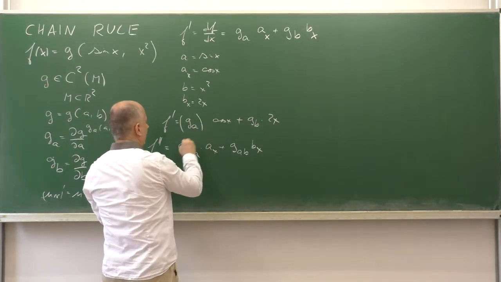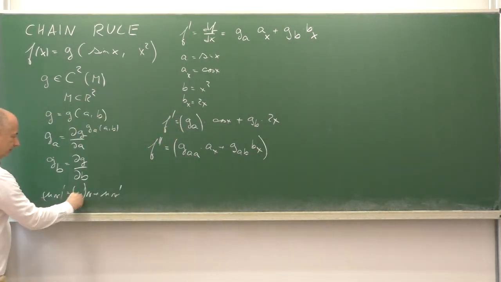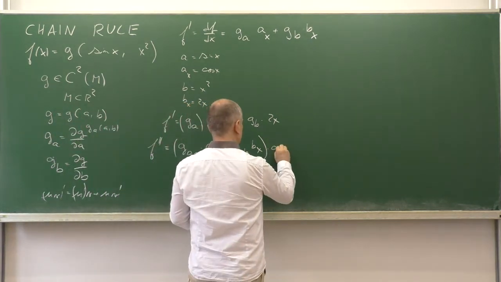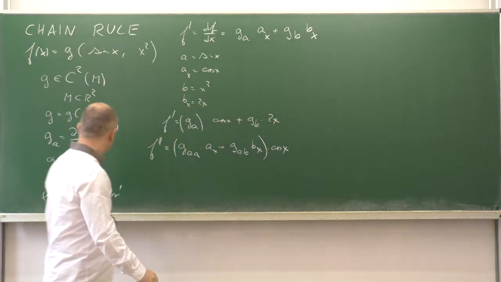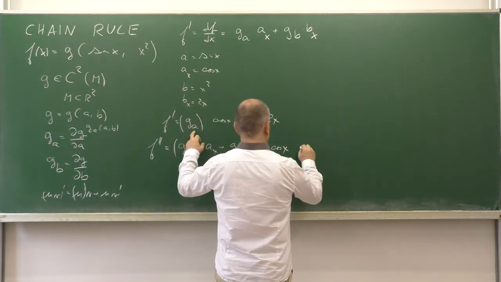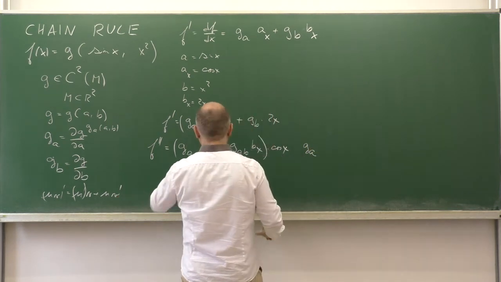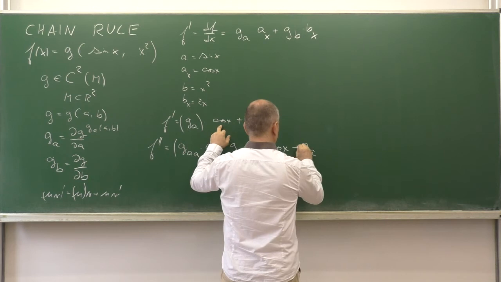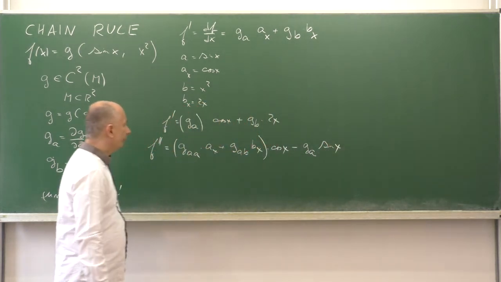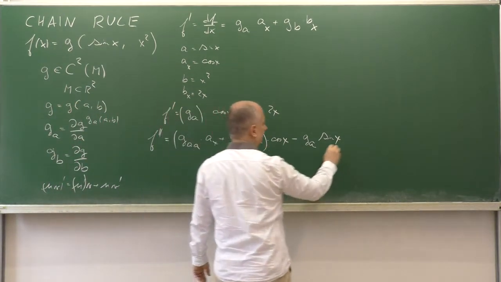Okay, so we are here. Times v, that means times cosine, plus u, which is ga, times the derivative of cosine, which is minus sine. Now we are here.